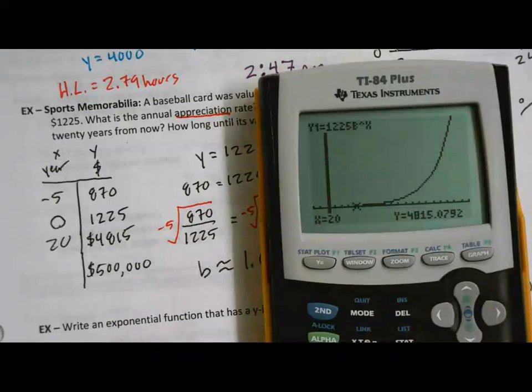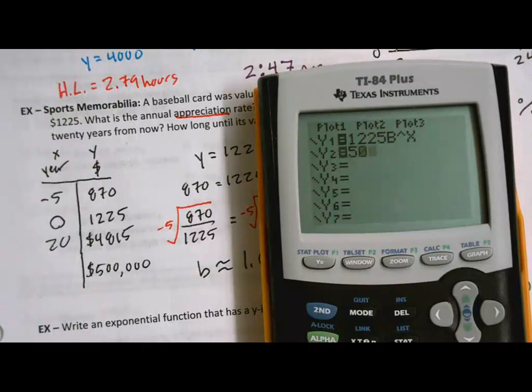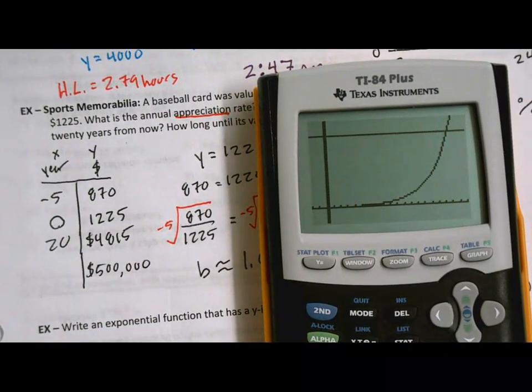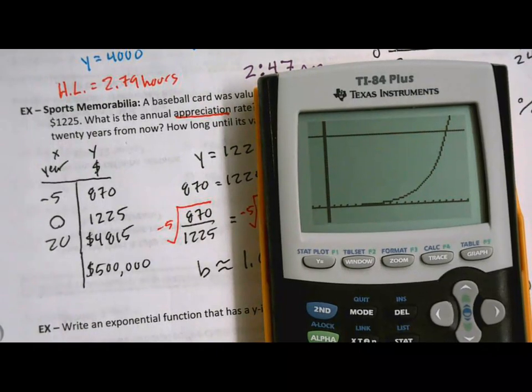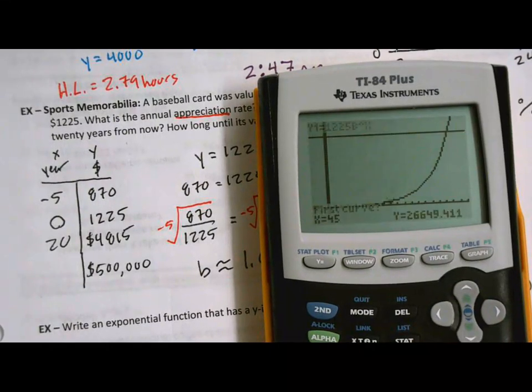I need to go back to y equals and put in a line at 500,000. Sorry, 88 years.